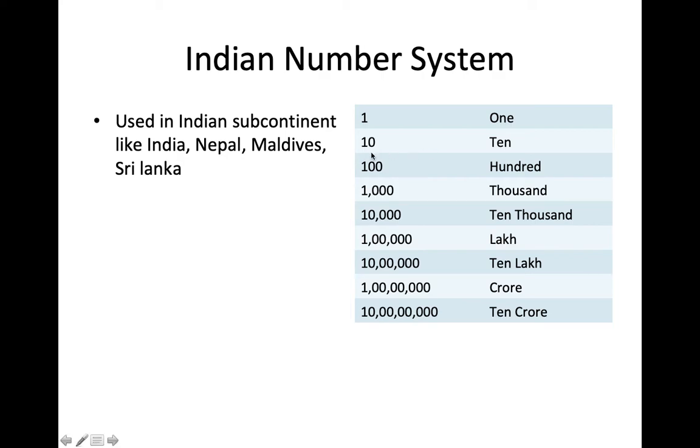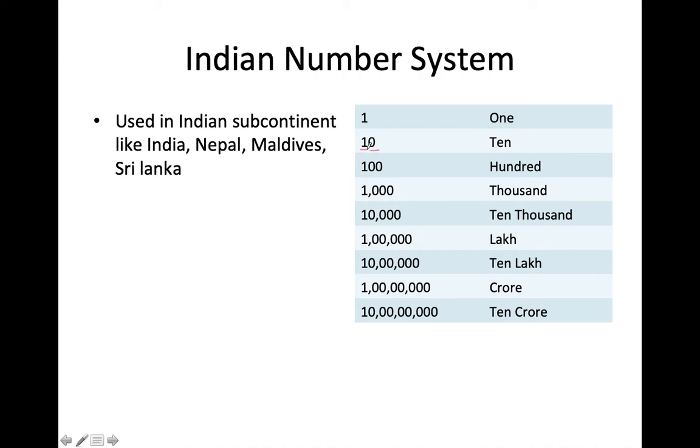But if the number of digits in a number is greater than 1, that is 2, we call it from 10 to 99. In this number, the first digit is our ones place digit, and the second digit is the tens place.